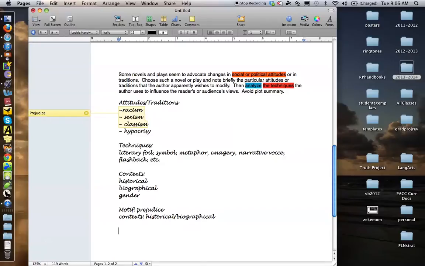Now, the next step is for me to look at it and develop a theme statement, which, again, let's remember, is an observation about the human condition, is a universal, meaning it can be applied to other pieces of literature and to life in general, and it has a qualifier, meaning that it's not an absolute. Sometimes it's not true.